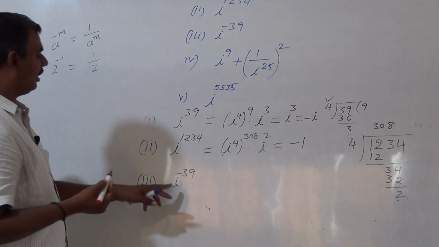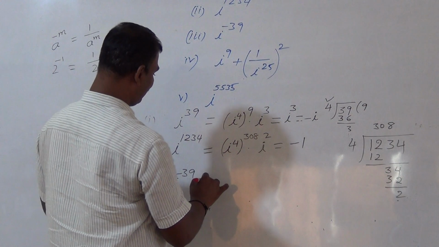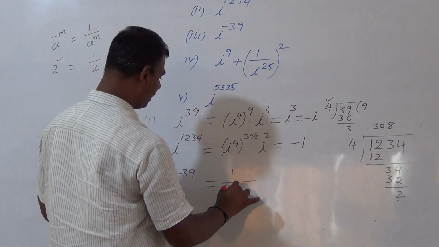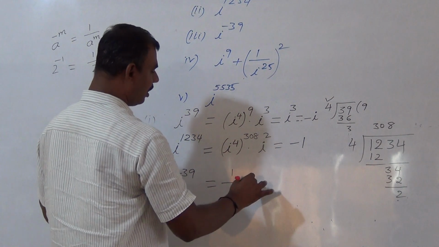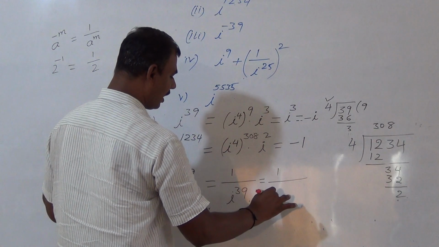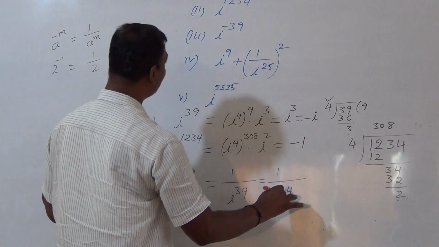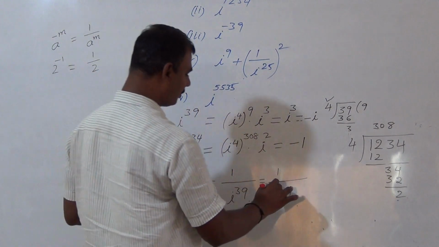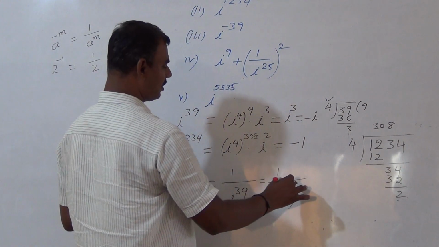In the same way, I raised to minus 39, I can write as 1 upon I raised to 39. Now change this value, 1 upon I raised to 39. How to write? Already the 39 problem is over, so that is I raised to 4 whole raised to 9.